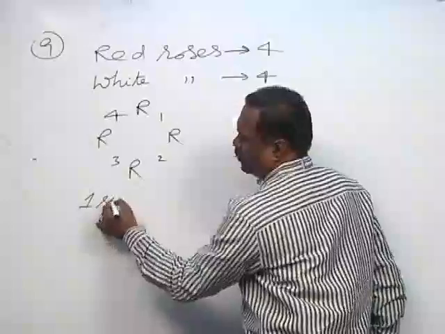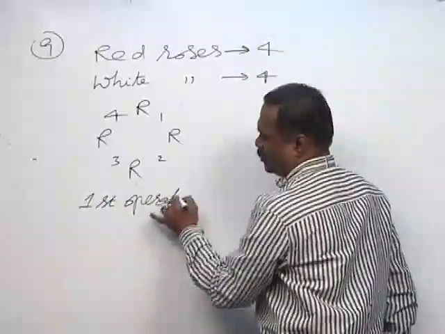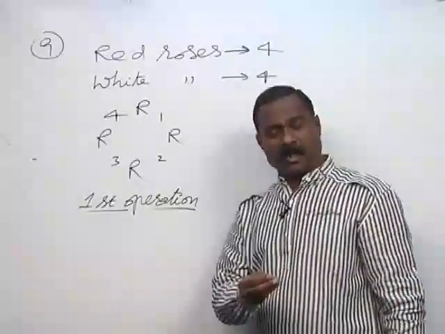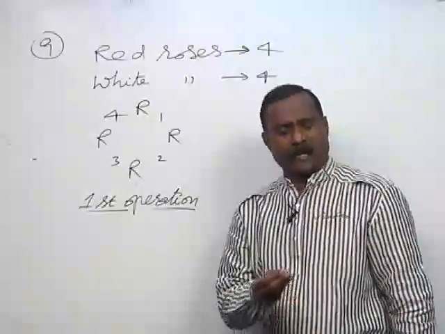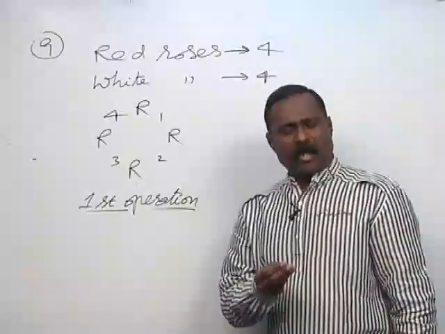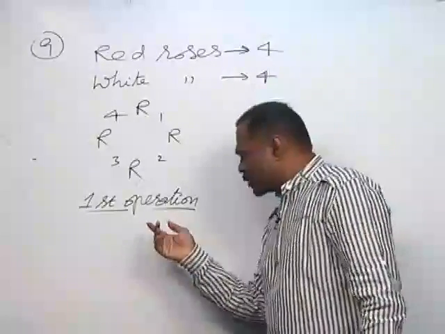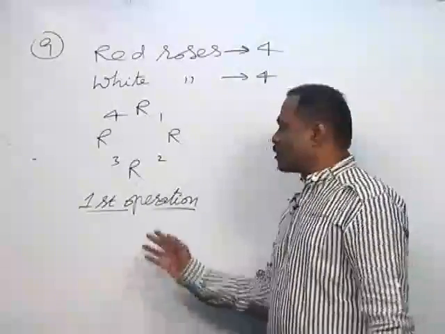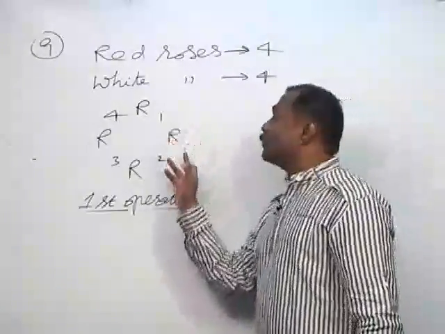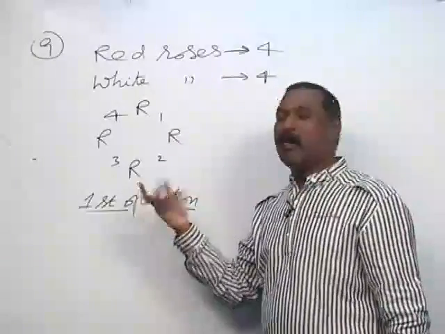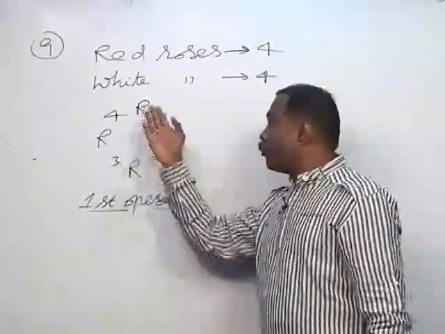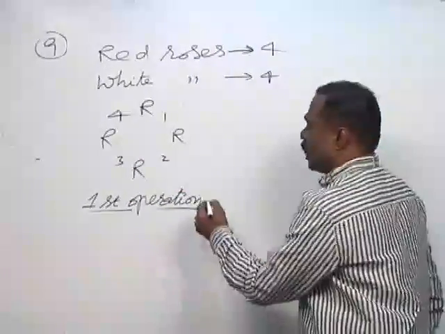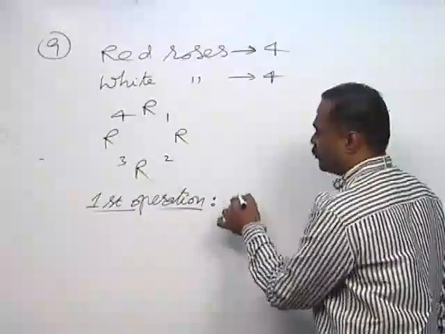We apply the fundamental principle of counting, and to apply it, you must know the operations first. If you know the operations, you will not have any confusion. So in the first operation, I'm counting the number of places among the 4 red roses. 4 places are there. Among these 4 places, these 4 white roses can be arranged in how many different ways?